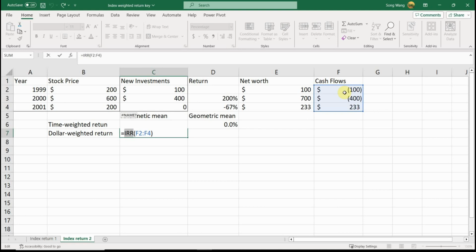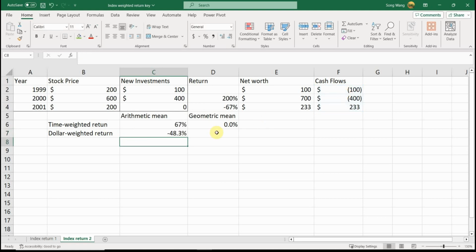That's a different story from your principal finance class, but you should know that internal rate of return is purely based on the cash flows, and that tells you how much return you gain or suffer from each year on average. And that is negative 48.3, and this number is much more consistent with our experience. When the market is going up, we add more money into it.